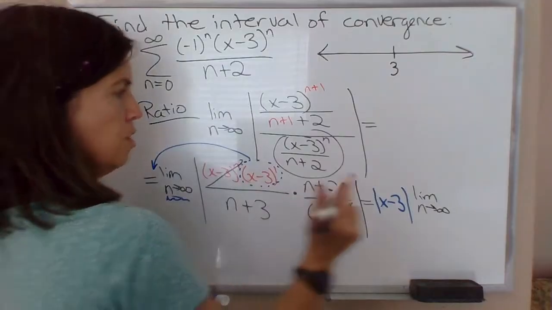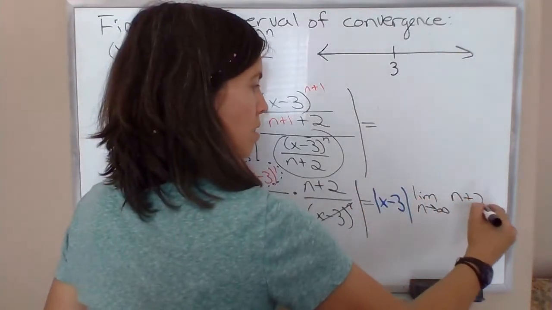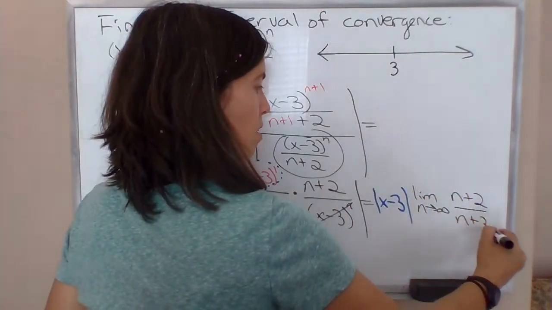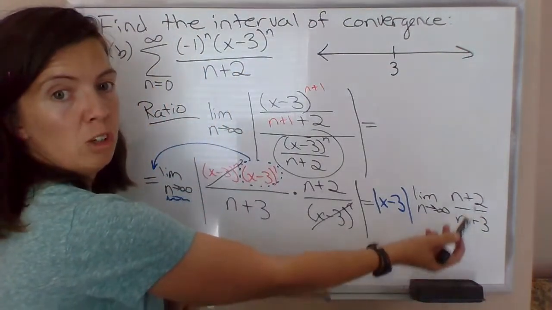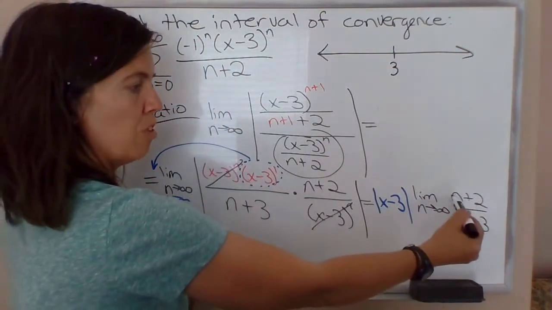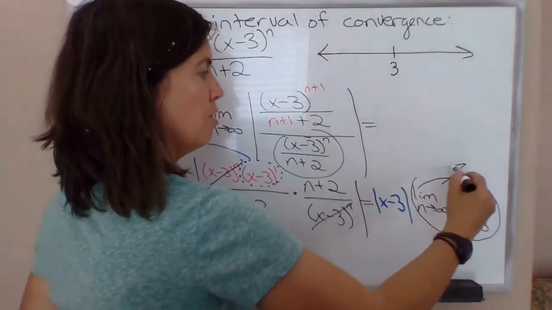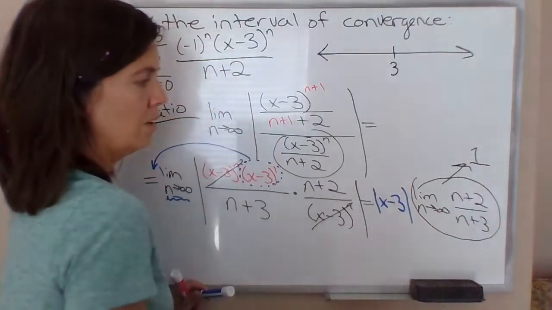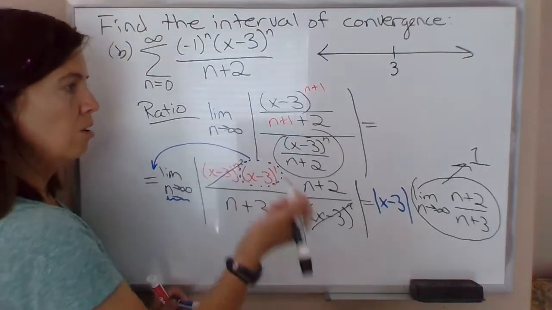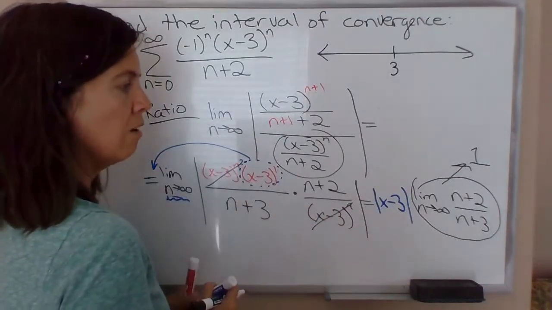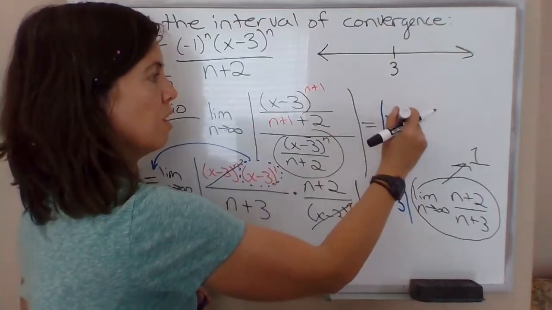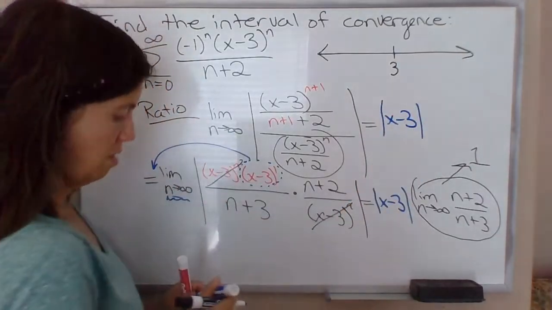Just n plus 2 over n plus 3. Which is a ratio of two polynomials with the same degree. So the limit is the ratio of the leading coefficients, which is 1 over 1. So the limit here, using the ratio test, turns out it's equal to the absolute value of x minus 3.